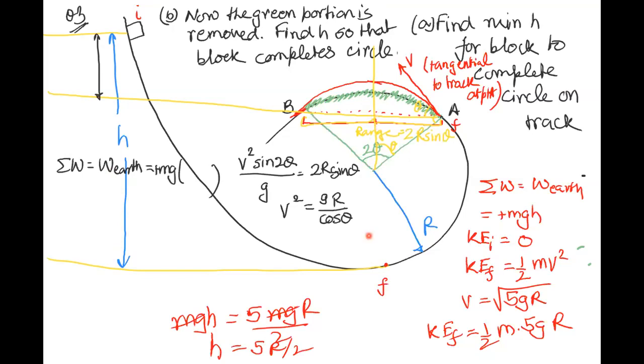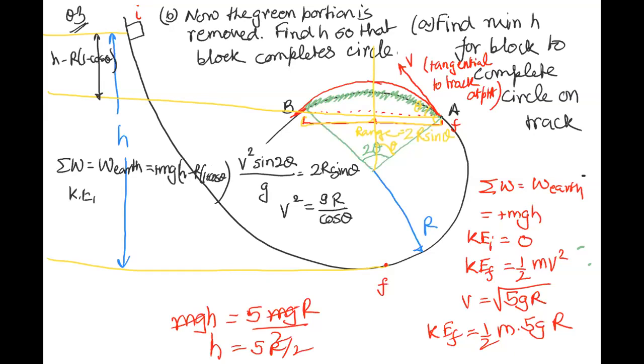Because this is radius r, this is angle theta, so this must be r cosine theta, right? So this distance will be equal to h minus r into 1 plus cosine theta. So mg into h minus r into 1 plus cosine theta is work done by the earth.